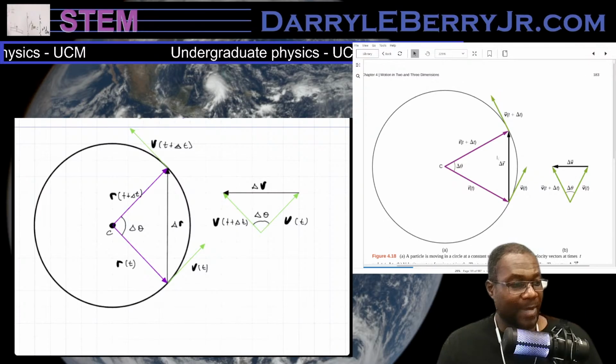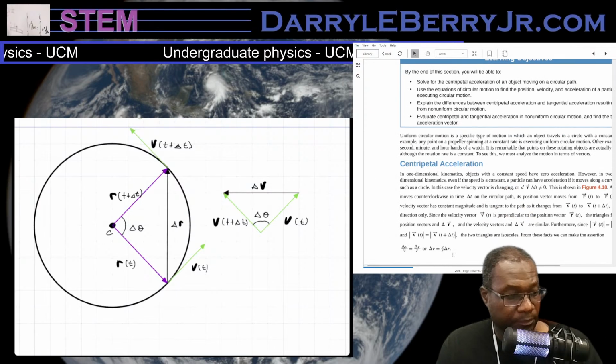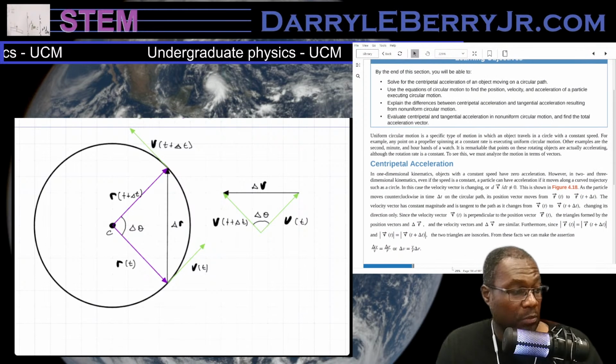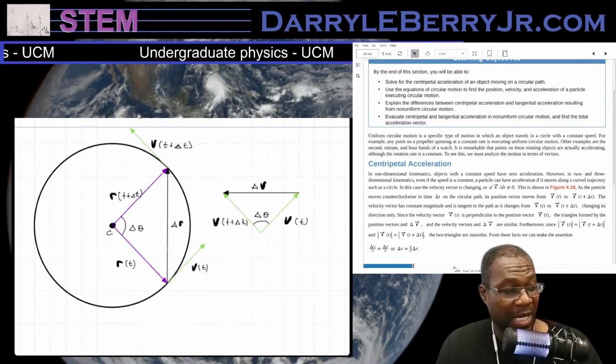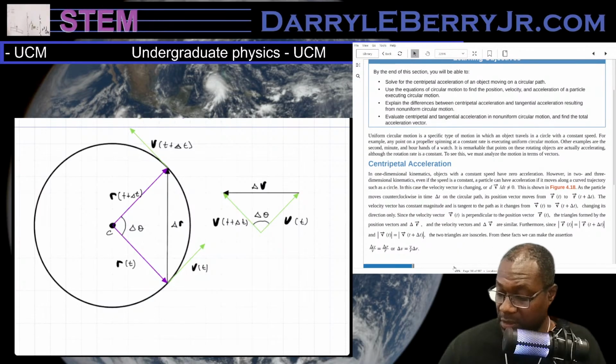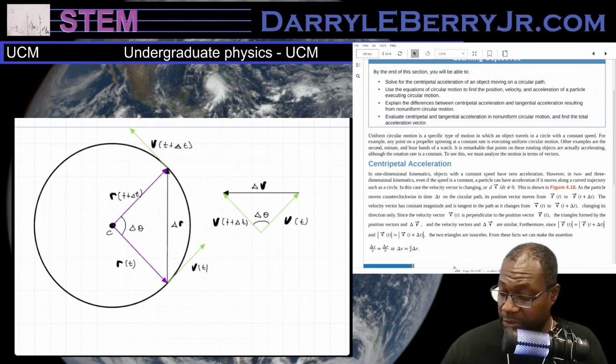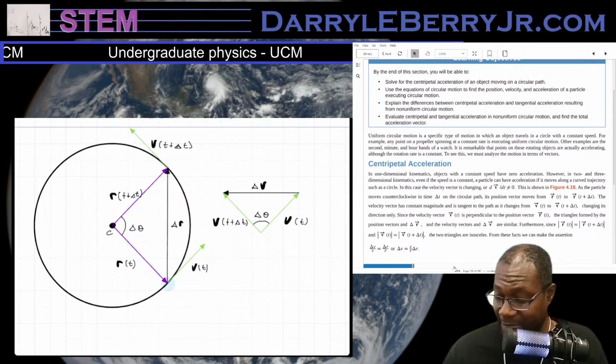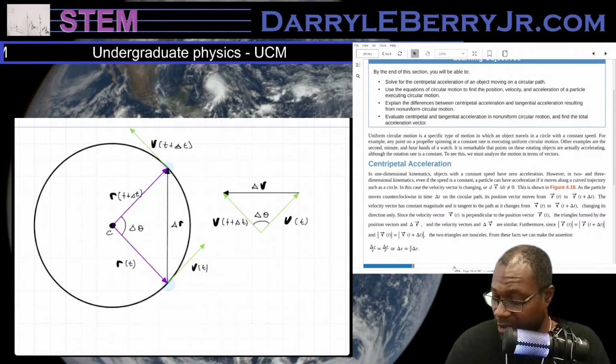All right, let's go back to the text they were saying. As a particle moves counterclockwise in time change in T, so the particle was here at time T, and after a change in time, which they're calling change in T, it ends up there.